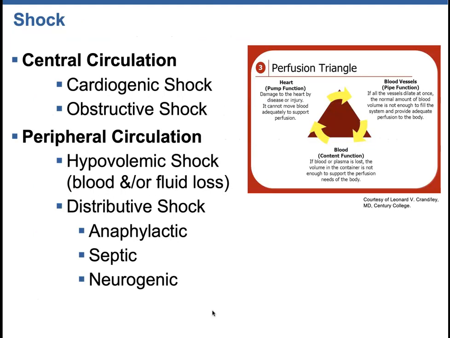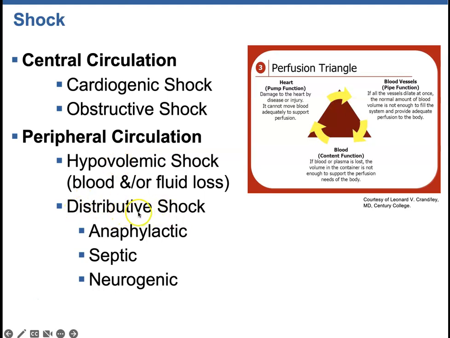Then back to what we talked about in the beginning with the central circulation and how you have your heart that pumps the blood. And then we have in the periphery the blood vessels that contain the blood, which is our fluid. So when you go into shock, what can happen is central circulation shock is classified under cardiogenic and obstructive, and then peripheral circulation shock is classified under hypovolemic and distributive.